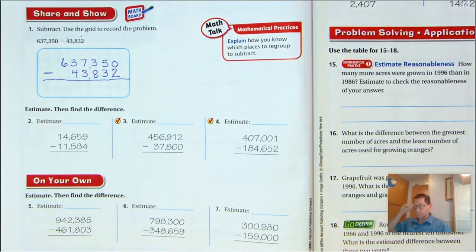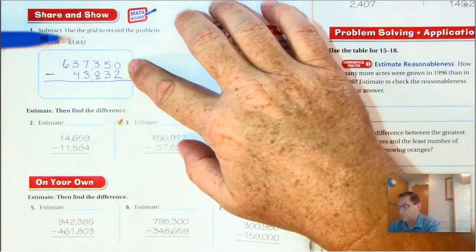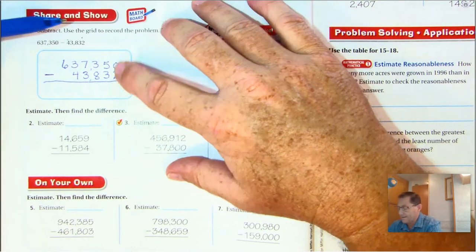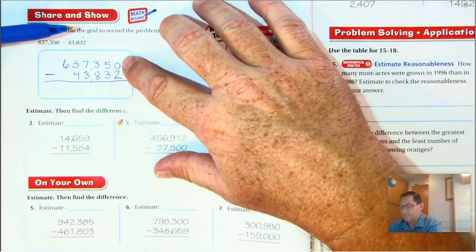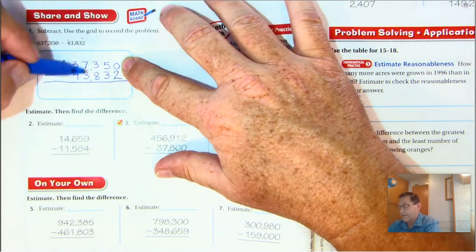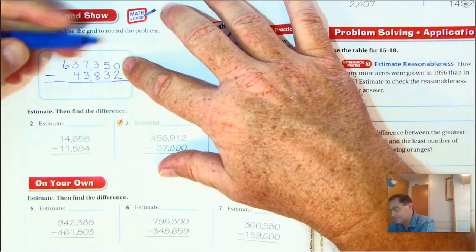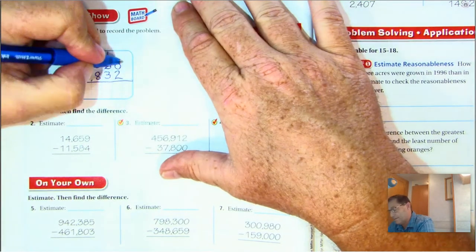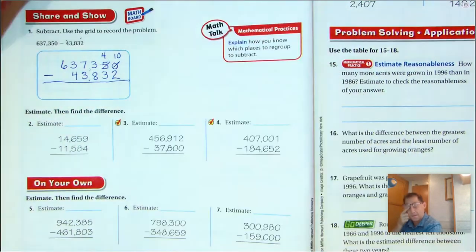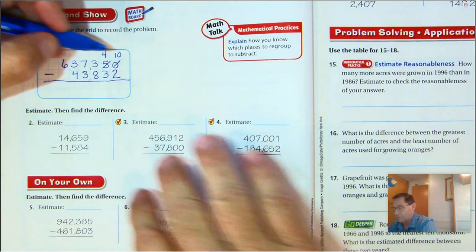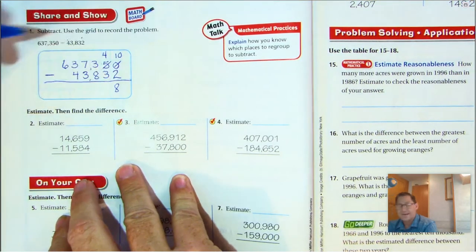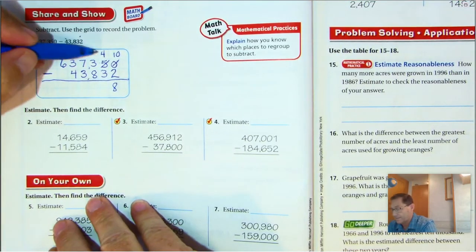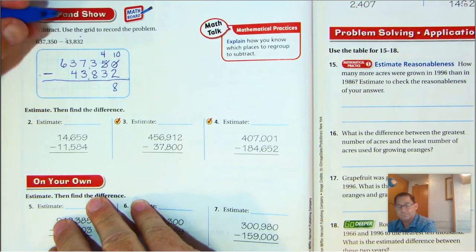Now we're going to start step 1, subtract the ones. Can I take 2 from nothing? No. So I'm going to have to rename the 5 tens as 4 tens and 10 ones. Now, 10 ones take away 2 ones, I can do that. That's 8 ones. 4 tens take away 3 tens, that's fine.